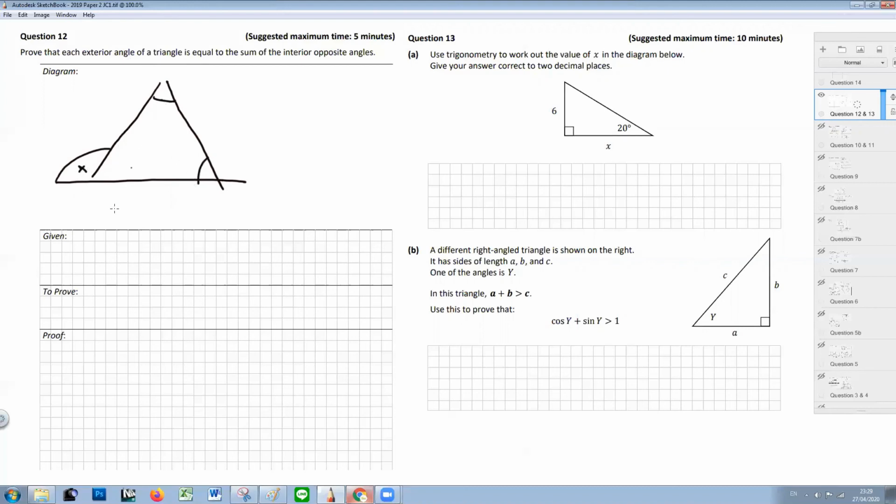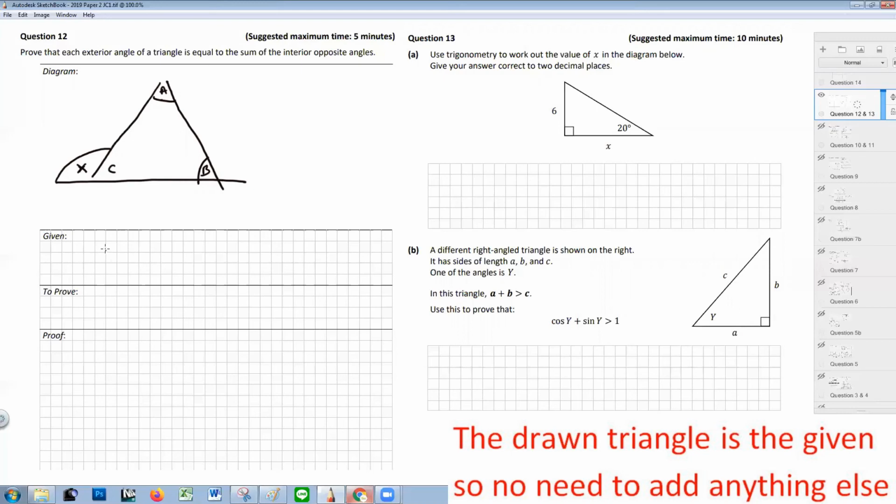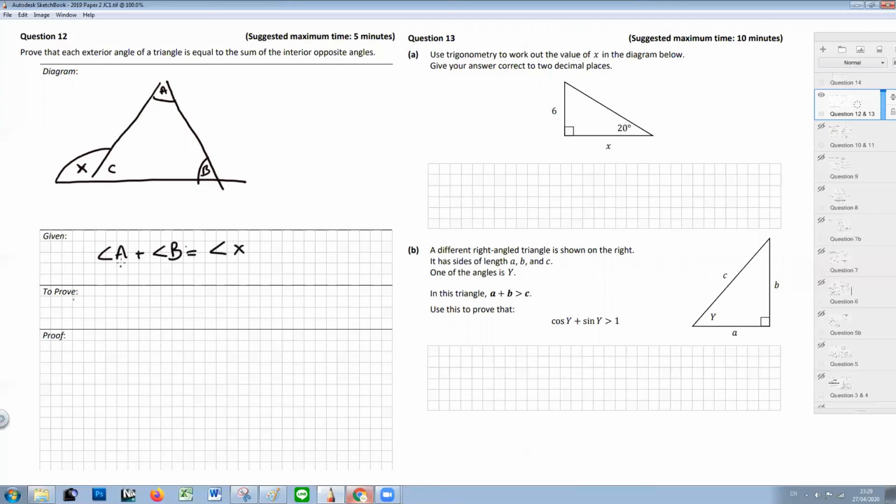I'm going to call this B, A, and I'll just call this C for argument's sake. So what you're trying to show is the angle of A plus the angle of B is equal to the angle of X. That's what you're trying to prove.